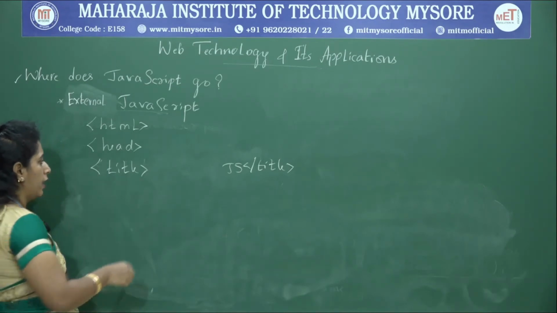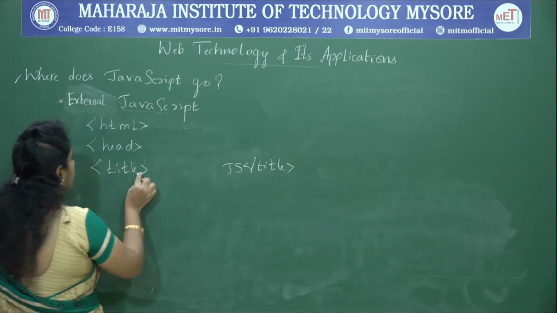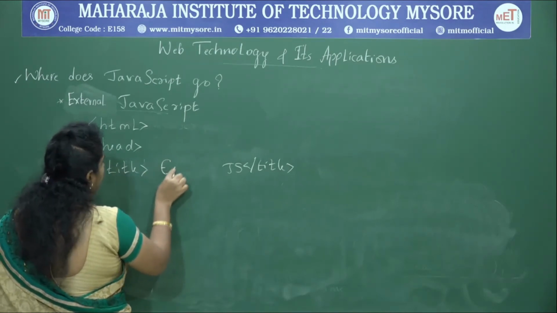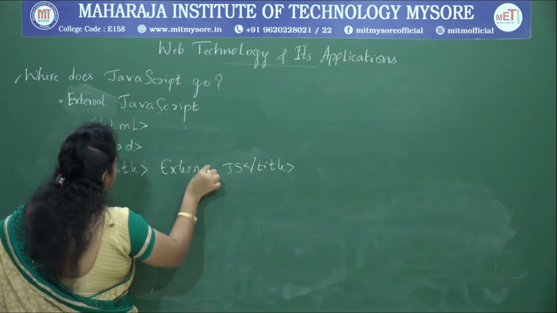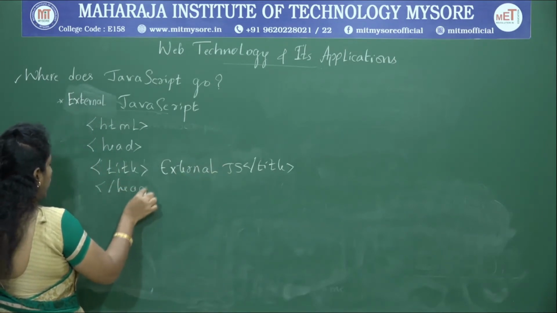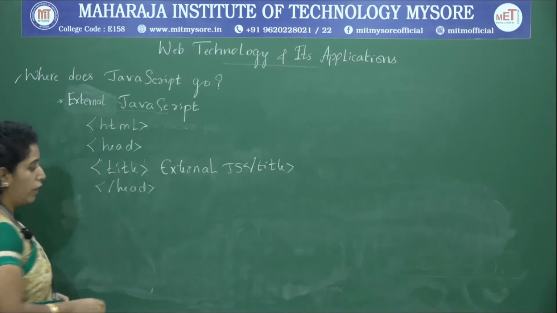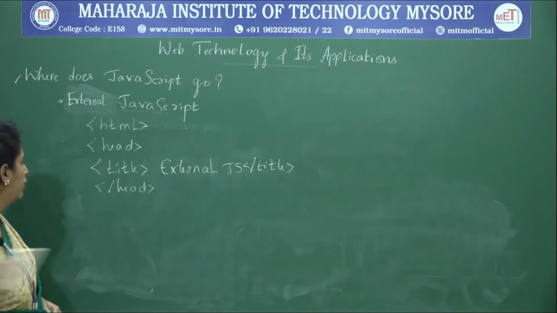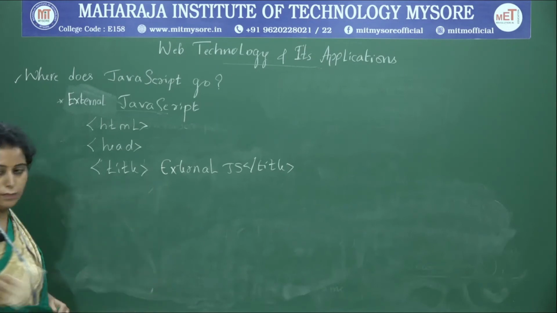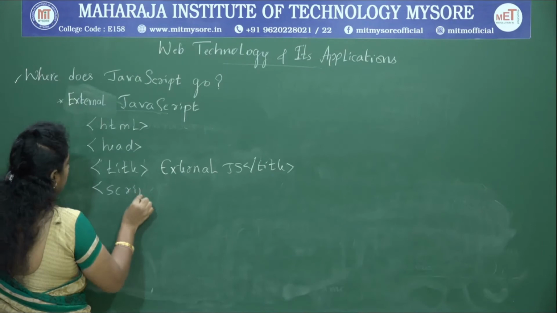Let us take an example of how to implement external JavaScript. In the title, I am writing external JavaScript. Now close head. One more thing, here we have to use the script tag.